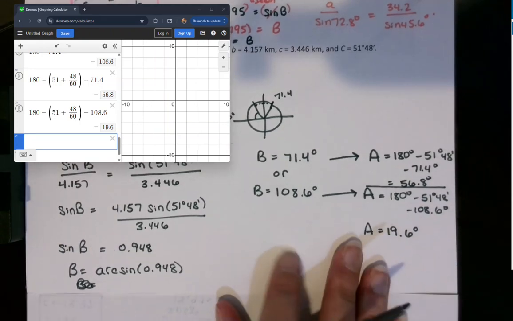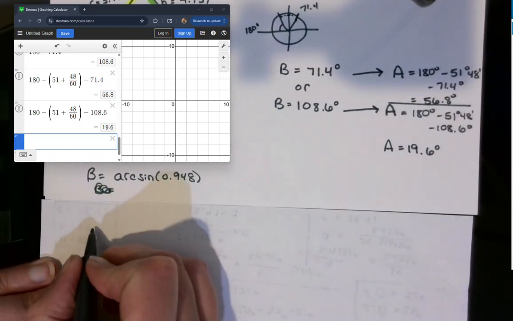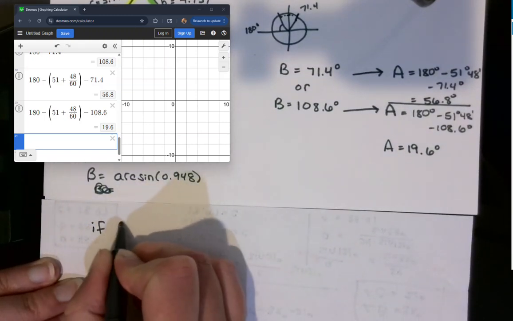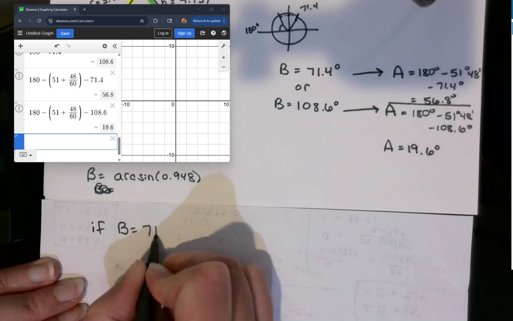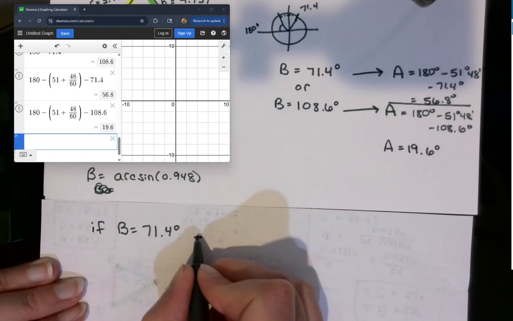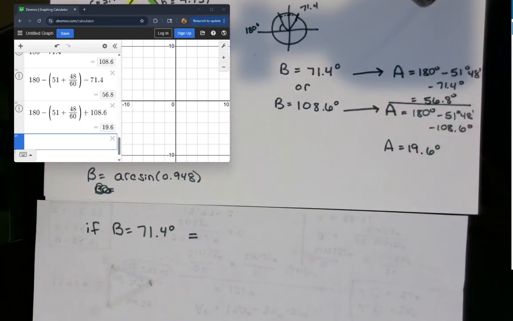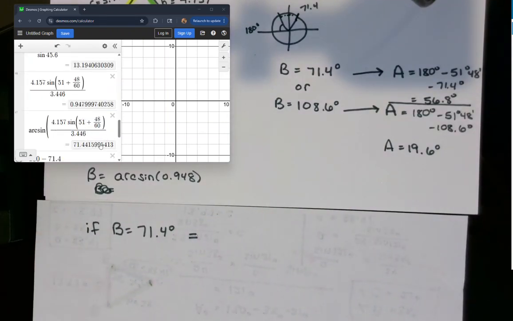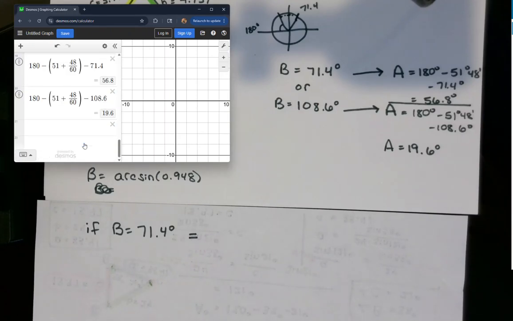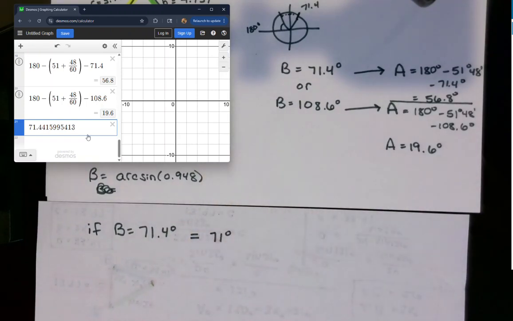I'm going to grab another sheet of paper here, and we'll go in the case of if B is the 71.4 degrees. Let's go ahead and now write that in DMS notation. So that angle was right here. So copy, paste, and we know that's 71 degrees.